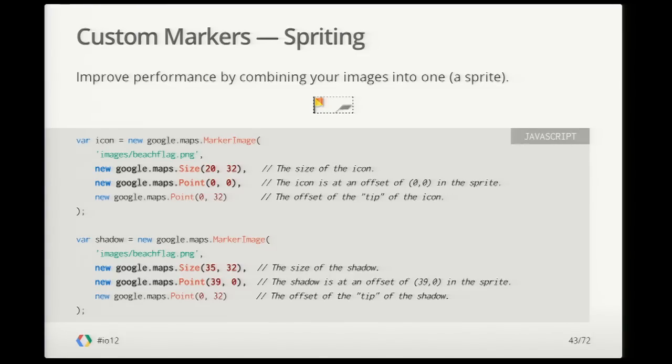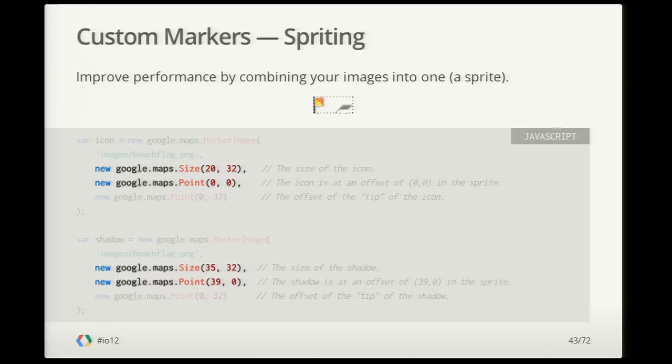So here I've made a sprite of the beach flag icon and its shadow. And to use both parts of this in the marker, I create 2 marker image objects. The first argument to the marker image object is just the URL of this marker. For spriting, the key arguments are the second and third parameters. The second one is the display size that you want to show.